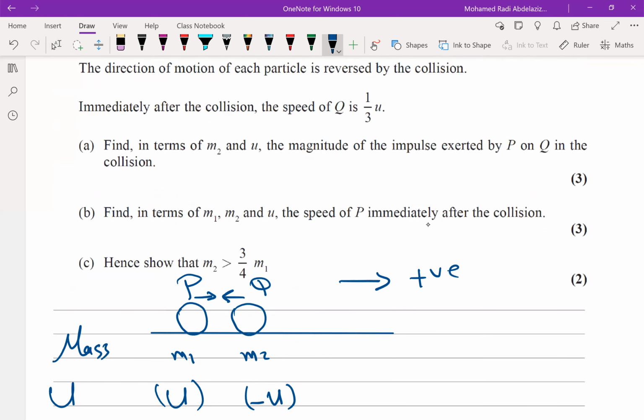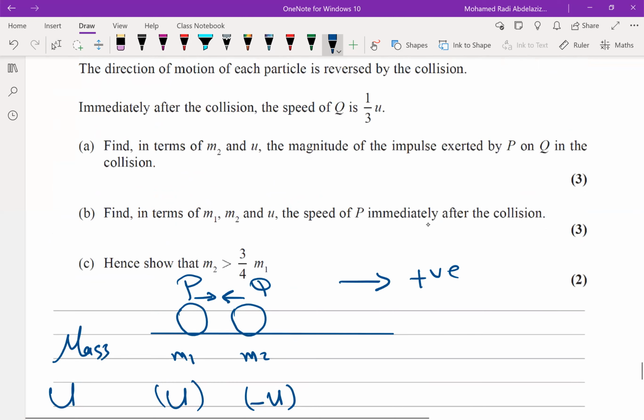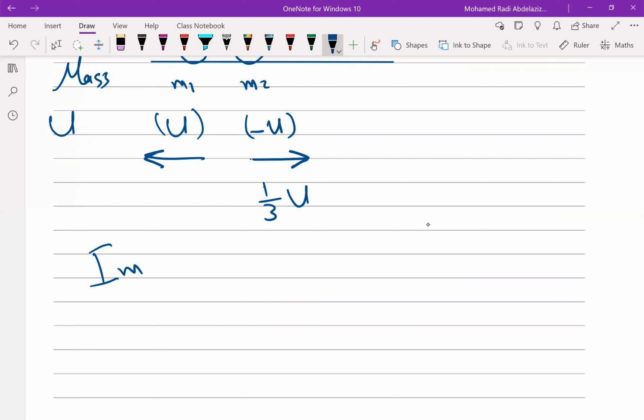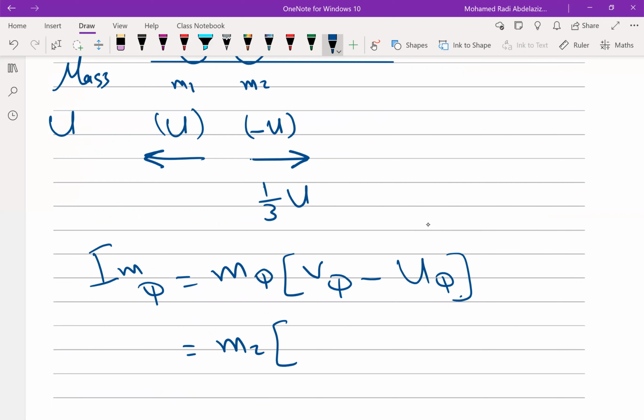Find, in terms of M2 and u, the magnitude of the impulse exerted by P on Q. So to get the impulse on Q, the impulse on Q is equal to the mass of Q times the final velocity of Q minus the initial velocity of Q. So the mass of Q is M2. The velocity of Q is u/3, minus negative u.